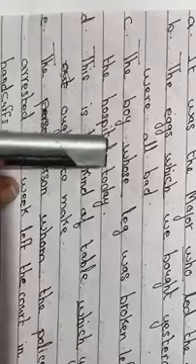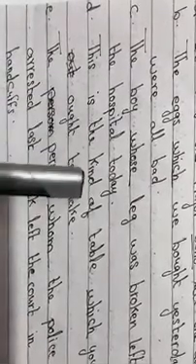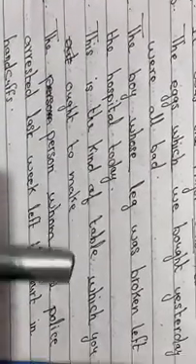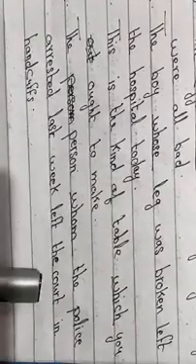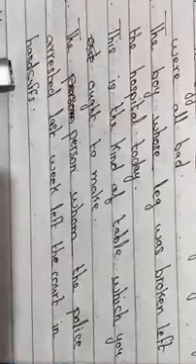The boy whose leg was broken left the hospital today. This is the kind of table which you ought to make. The person whom the police arrested last week left the court in handcuffs.